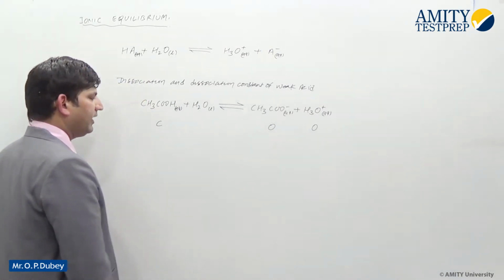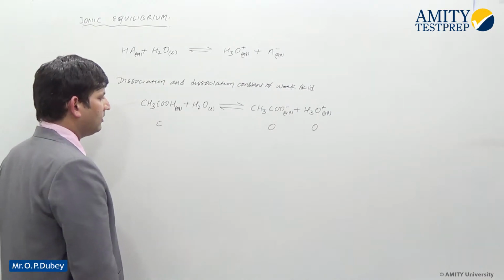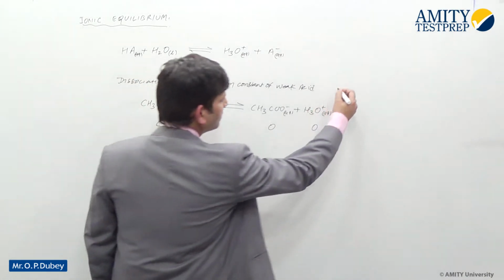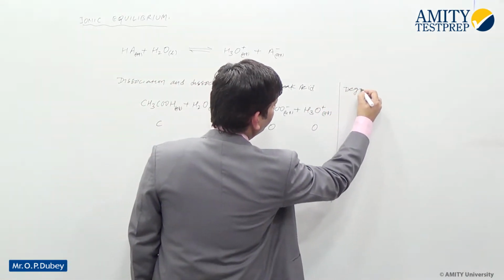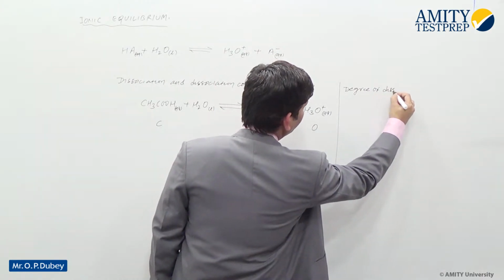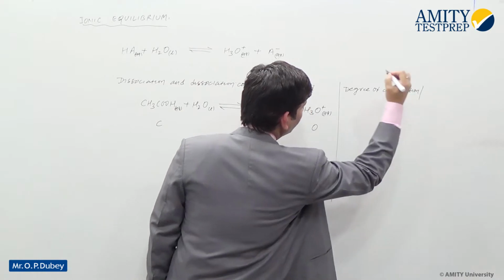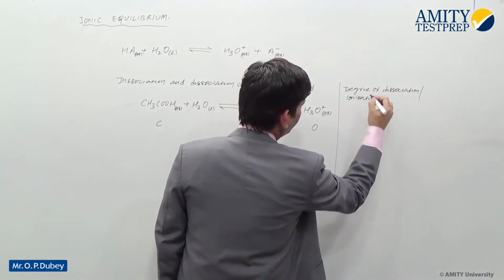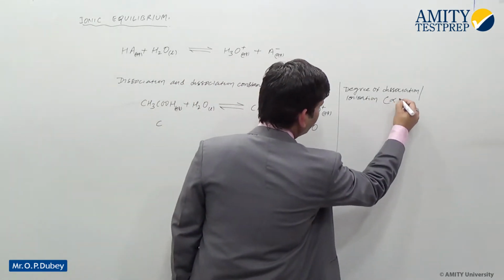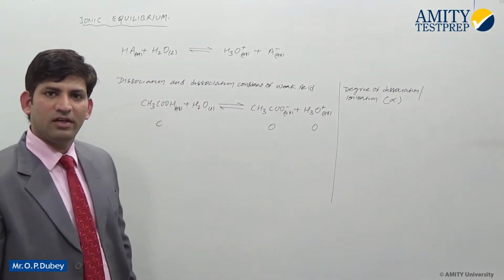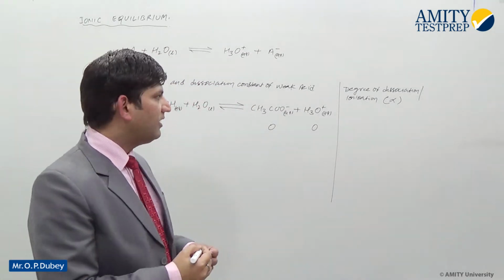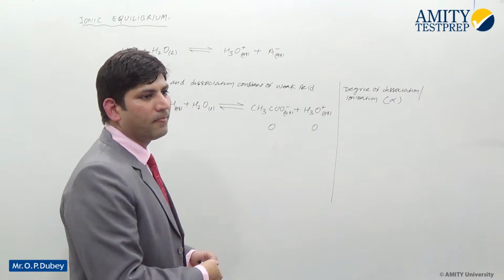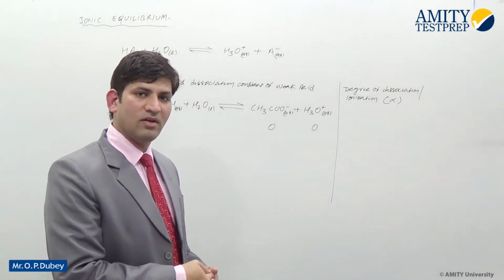Let us suppose the degree of ionization, or degree of dissociation, of this weak acid is alpha. The degree of dissociation, or degree of ionization, is denoted by alpha, and it is defined as the number of moles of weak electrolyte dissociated when 1 mole of the weak electrolyte is dissolved in water.